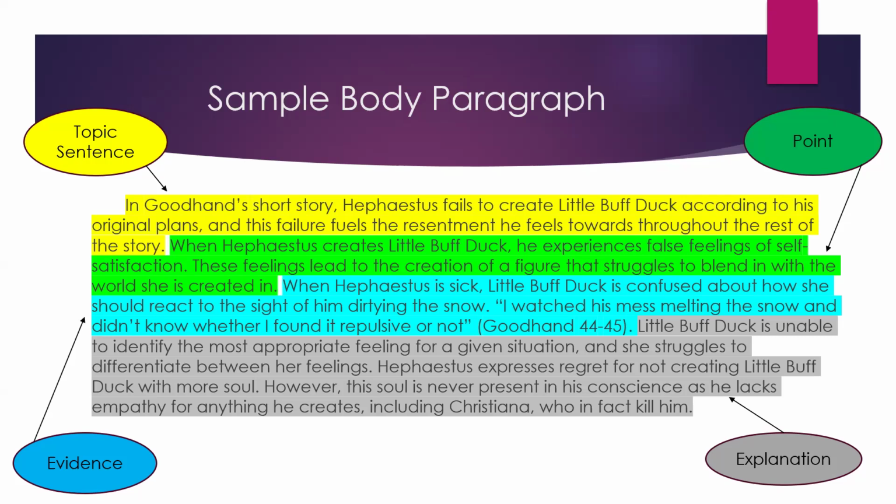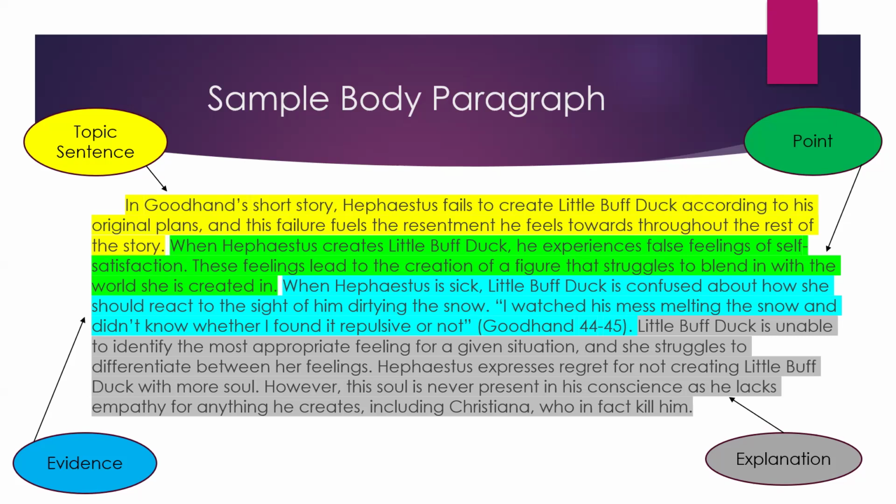Okay. Now let's take a look at the main point that is made in the paragraph. So when Hephaestus creates Little Buff Duck, he experiences false feelings of self-satisfaction. These feelings lead to the creation of a figure that struggles to blend in with the world she is created in. So this is the main point in our paragraph, and it connects back to our topic sentence, but at the same time, it contrasts a little from it as well.